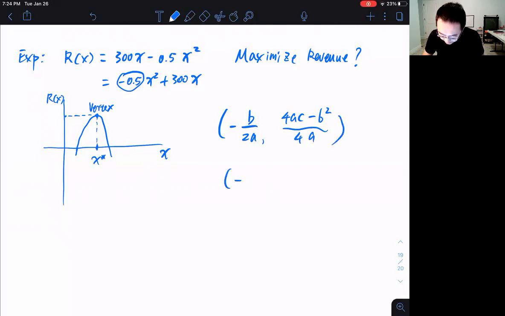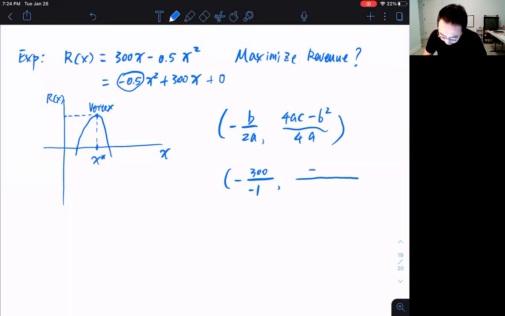Negative b, which is 300, divided by 2a. a is negative 0.5, so 2a is 2 times negative 0.5, which gives you negative 1. Up here, 4 times a times c, and c here is 0, so that's 0.